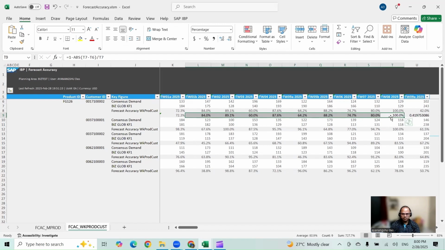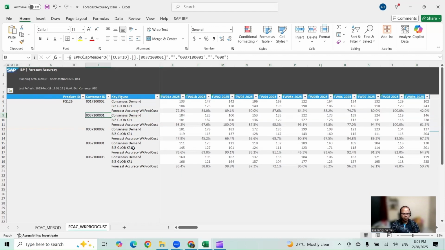So we see that the calculation is correct, right? So this is how we confirmed that this is working at a week product level.